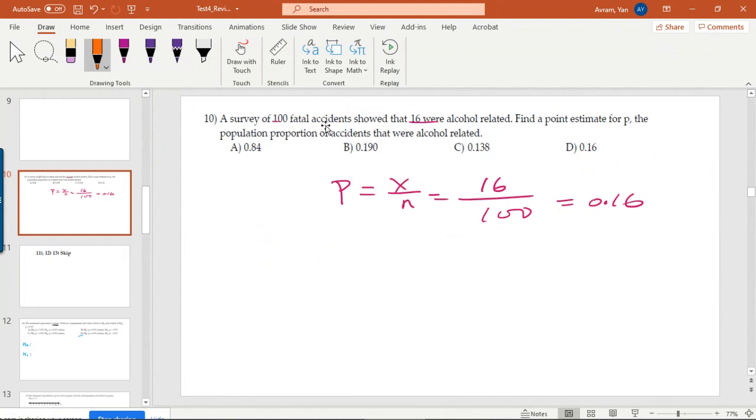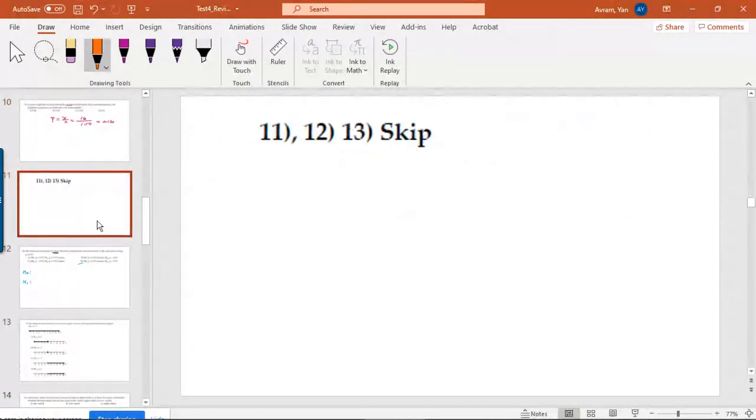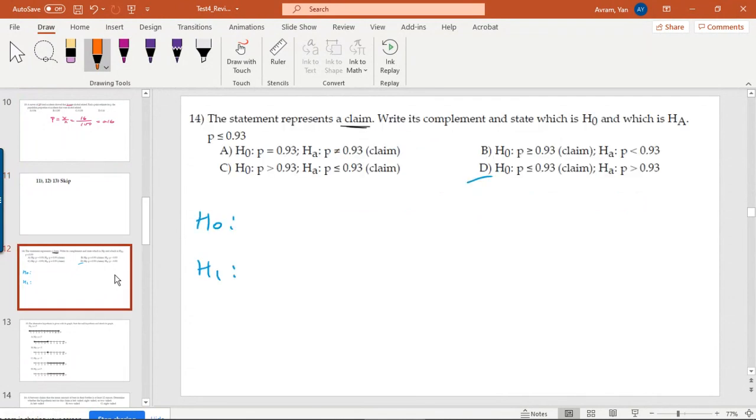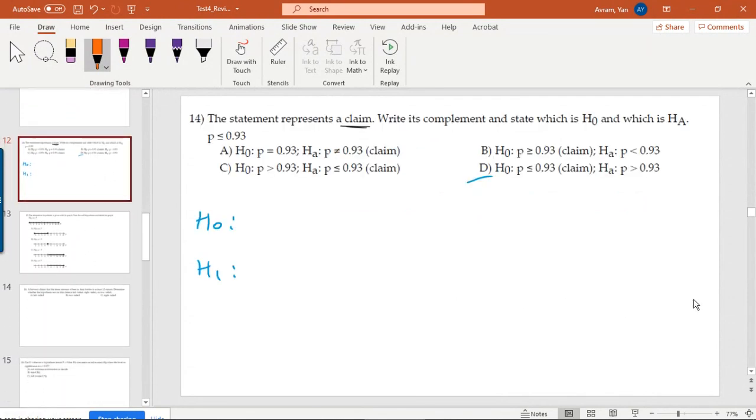A survey of 100 fatal accidents showed 16 were involved in alcohol. So we're just finding the point estimate of p. The population proportion is just x over n. So about 16% of the accidents involved alcohol. So that is the easy one. We didn't really ask you to find a confidence interval for that.